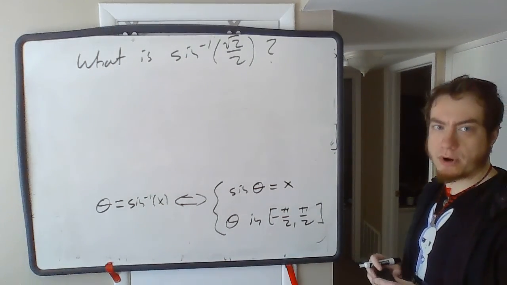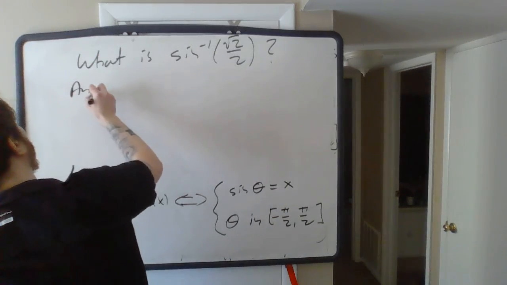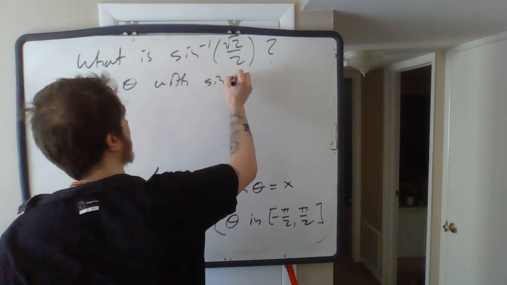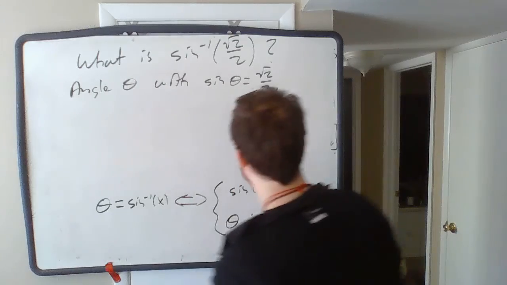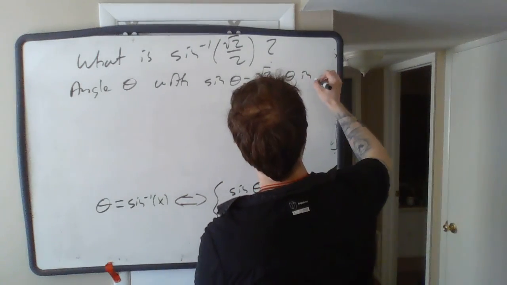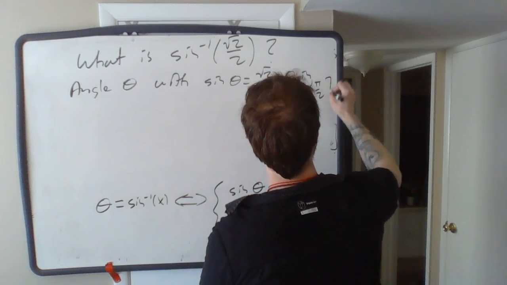Well, what I'm looking for here is an angle theta with sine of theta being equal to square root of 2 over 2, but I also need theta in the interval from minus pi over 2 to positive pi over 2.